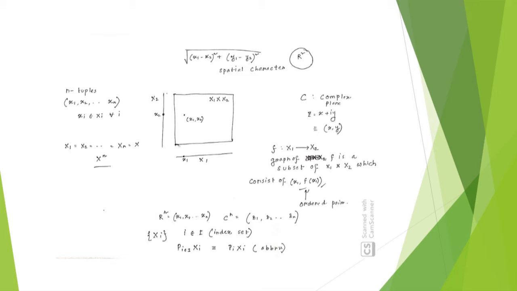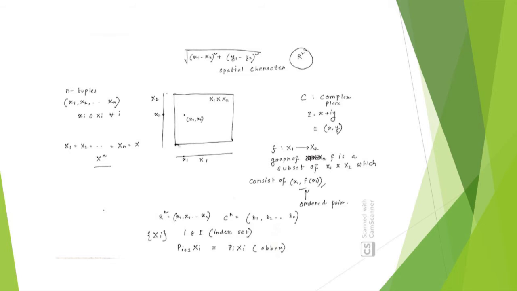By analogy with the previous discussions, the product X1 cross X2 is defined to be the set of all ordered pairs (x1, x2), where small x1 is in capital X1 and small x2 is from capital X2.